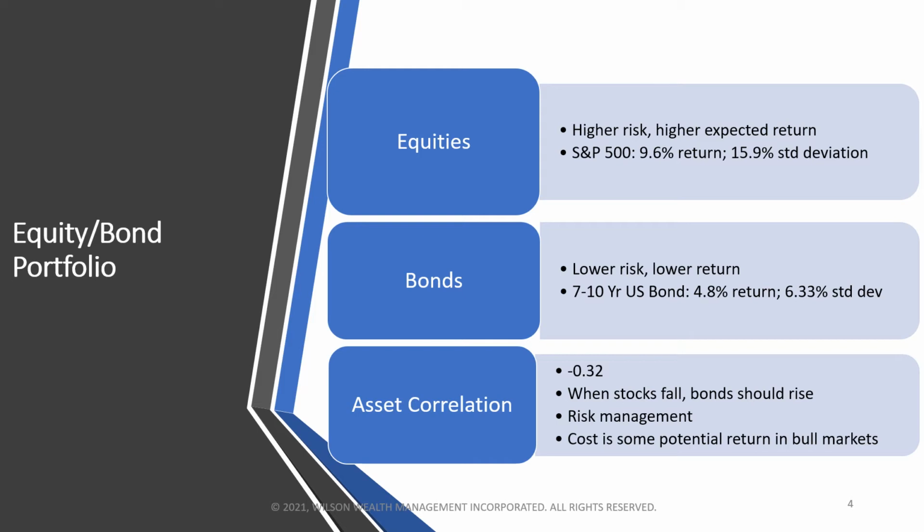So that's why you tend to see most investment advisors recommending some portion of a portfolio in fixed income, even though they know that historically and over time, there will not be the same return levels as with equities.